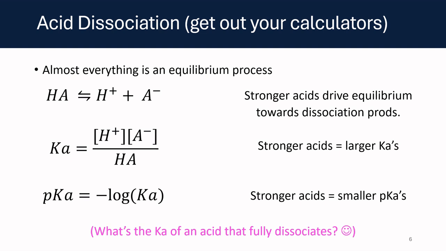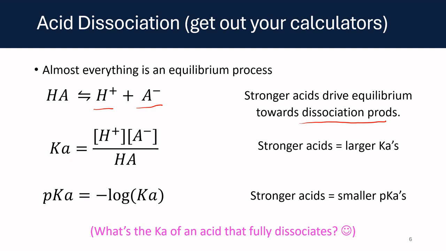Think back to last lecture as well as general chemistry that acid dissociation is an equilibrium process. The stronger the acid is, the more we will favor the formation of dissociation products, such as hydronium and whatever the acid's conjugate base would be, in this case, A-.